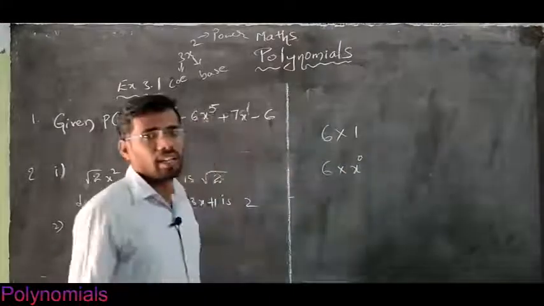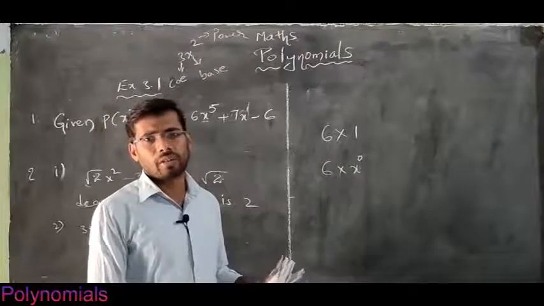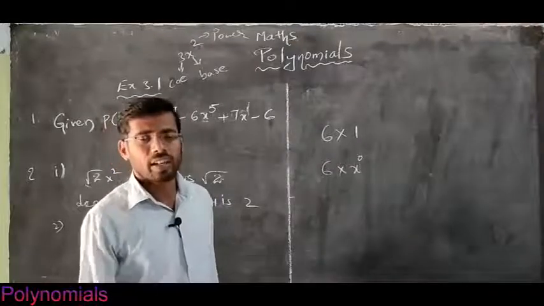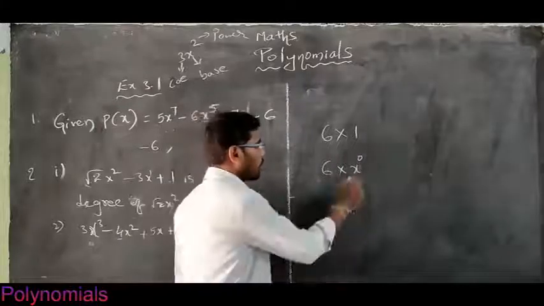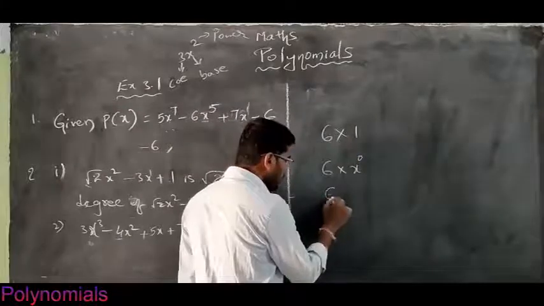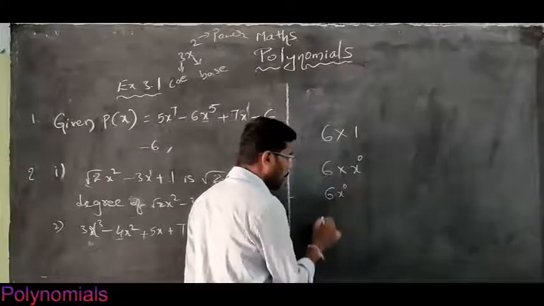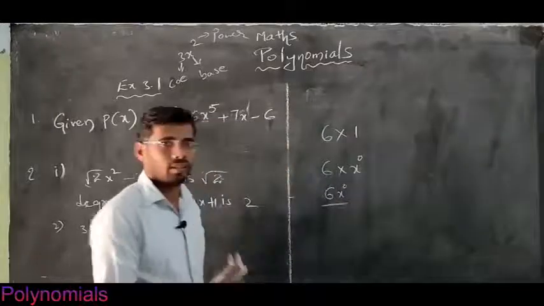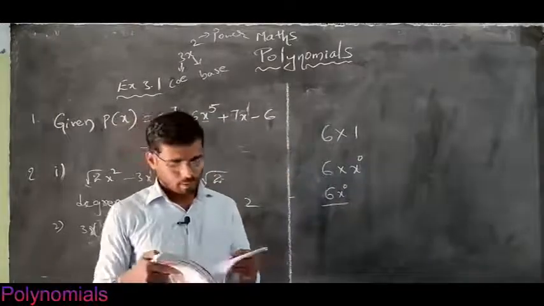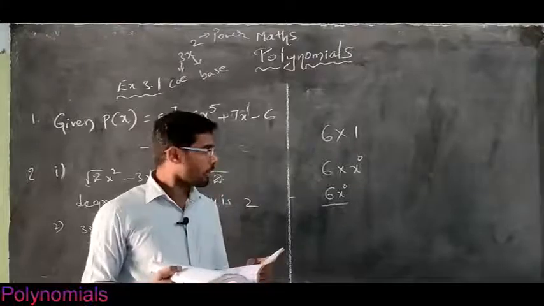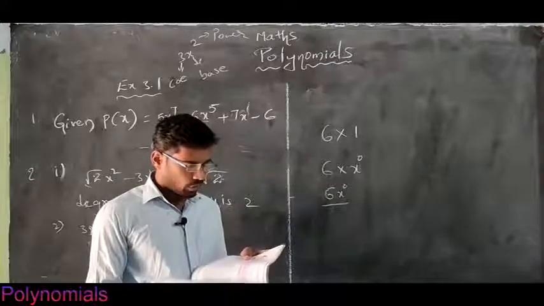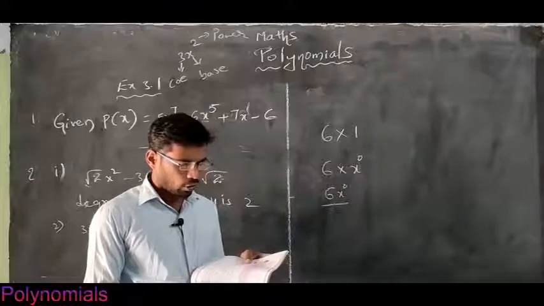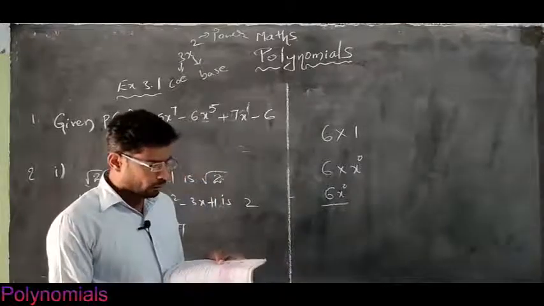You remember, already you know in laws of exponents, any number to the power of 0 has value 1. So now you can write it as 6x to the power of 0. So the degree of a constant term is 0. It is true only.